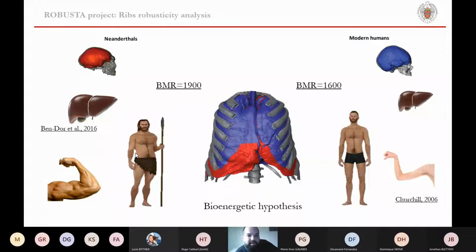So hypothetically, the rib cage will produce energy for this large liver, following this hypothesis by Ben-Dor and colleagues. Anyway, probably the Neanderthals needed a larger oxygen intake compared to modern humans because of the brain size, muscle size, liver size, whatever the reason. Neanderthals needed larger oxygen intake compared to modern humans.